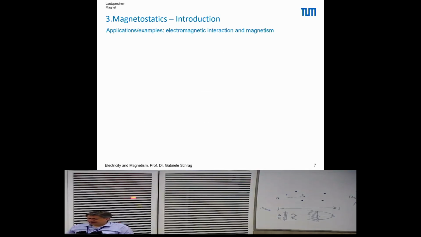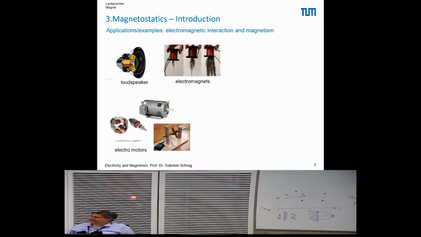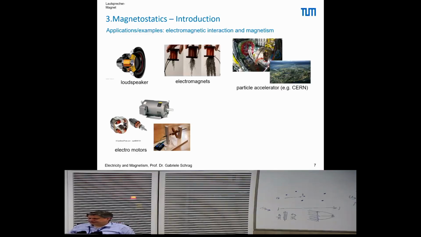That will be the Lorentz force that we will be covering in the sections to come. Then in terms of application examples, we have seen already the loudspeaker. That is a very useful thing, but of course you can use electromagnets of all kinds, and as a consequence you use this effect also to build electromotors or generators.